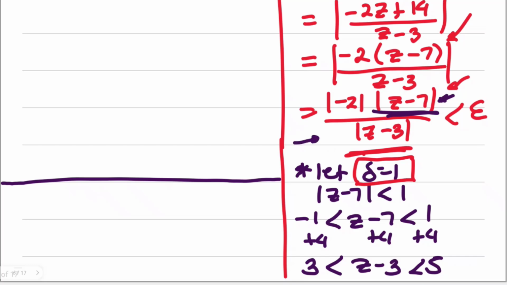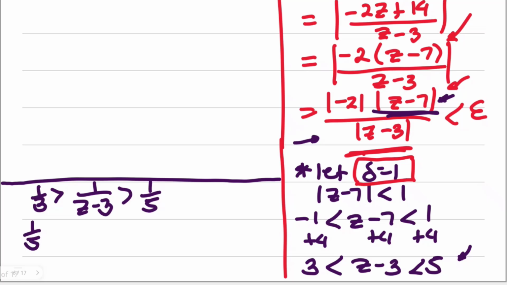It's a reciprocal. So when reciprocating this, you will have 1/3, and you change the inequality: 1 over z minus 3 is less than 1/3, and greater than 1/5. That's the purpose here. And then later on, just simply rearranging them: 1/5 is less than 1 over z minus 3, and that is less than 1/3.